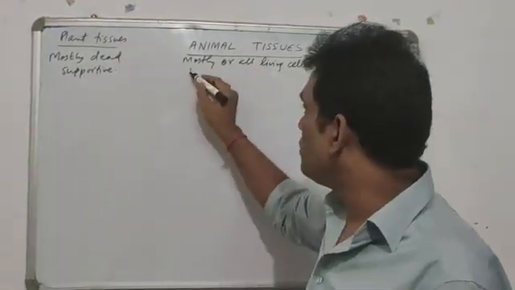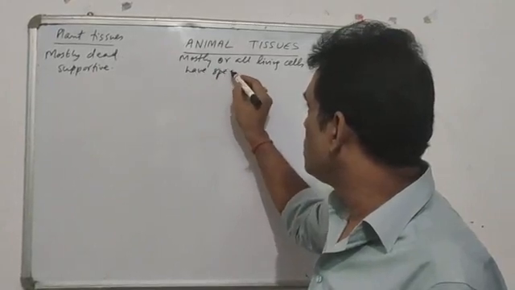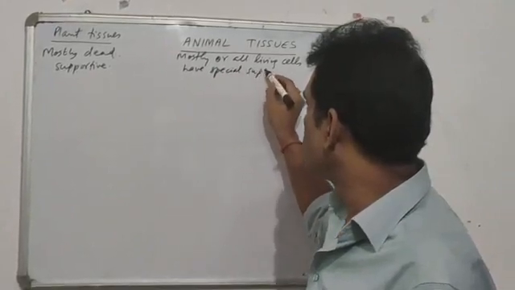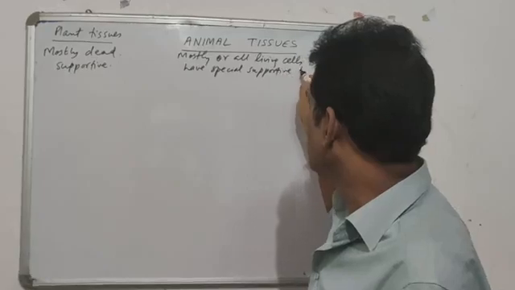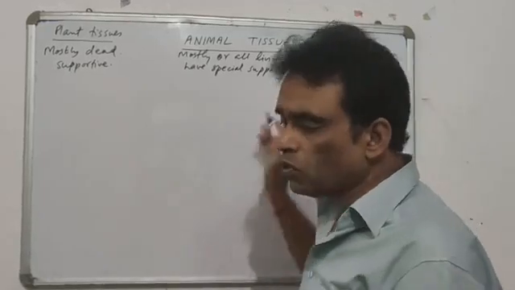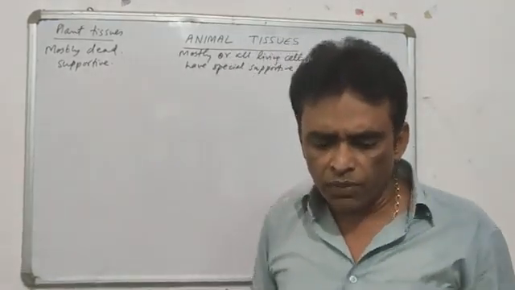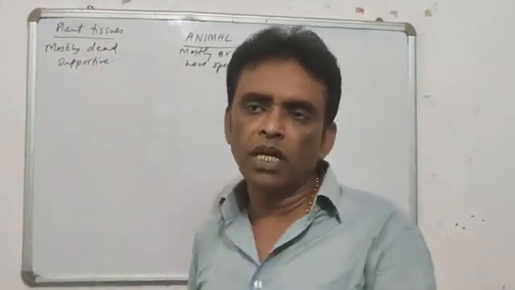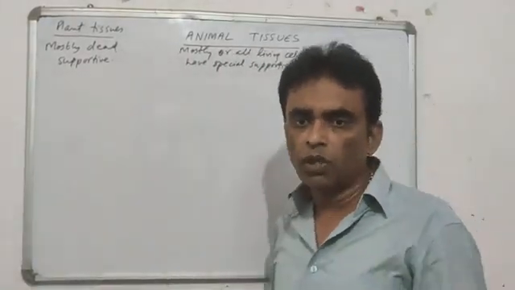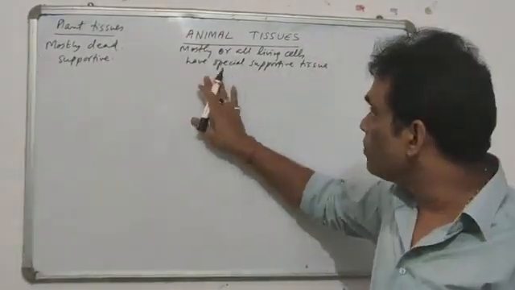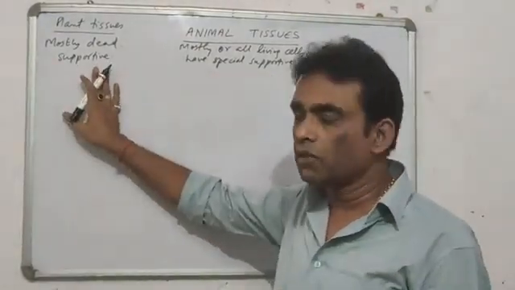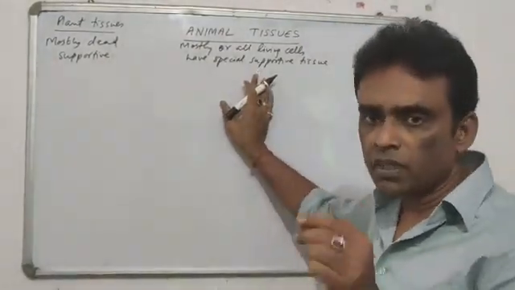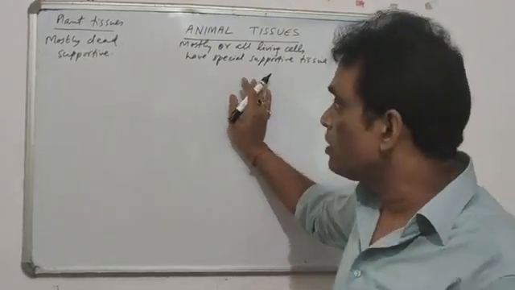But animal tissues have special supportive tissues. Out of so many tissues that we will discuss, around 15-20 types, one or two types give support to the animal. Otherwise, all the plant tissues are mostly supportive in nature. Animal tissues have special tissues that are supportive in nature.